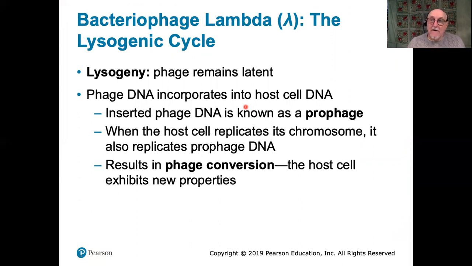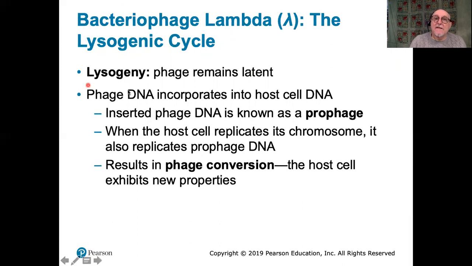Okay, so that's the one kind, that's T even. Now here's another virus, and this is called the lambda. Lambda is one of the most famous of all of the bacterial viruses, simply because this is where this life cycle was elucidated, but also because bacteriophage lambda is very useful and is widely used in genetic engineering.